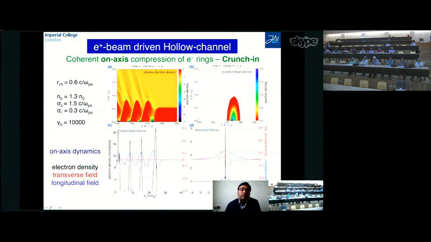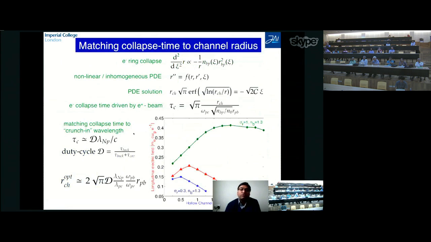And most of the electric field for acceleration, which is shown in blue here, and the focusing field, which is shown in red, are based on the electrostatic force of this electron bunch that collapsed back to the axis. Because this is a nonlinear regime, we can see that the magnitude of the accelerating field depends upon the beam parameters. So I'm comparing three different beam parameters here.